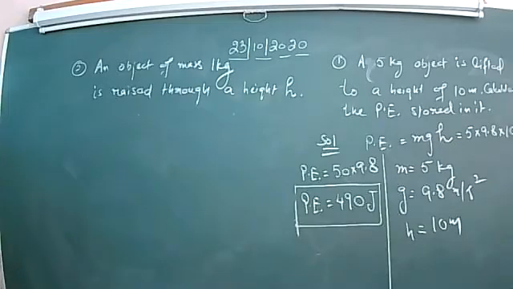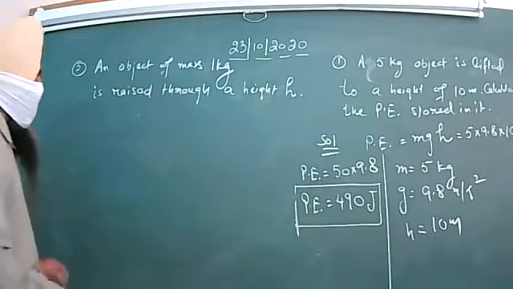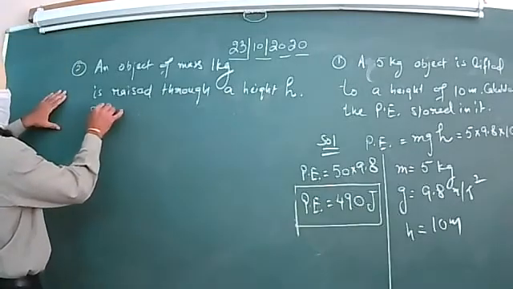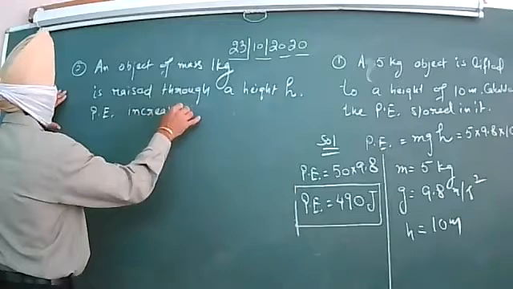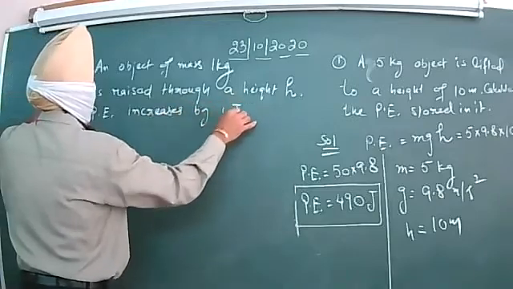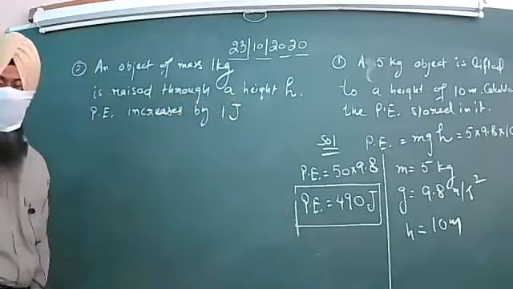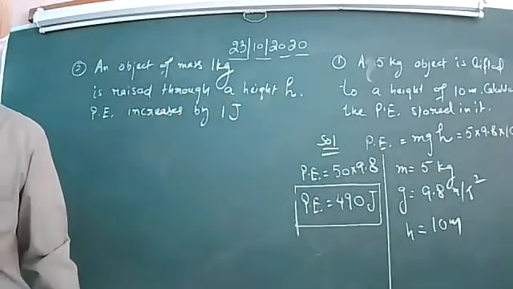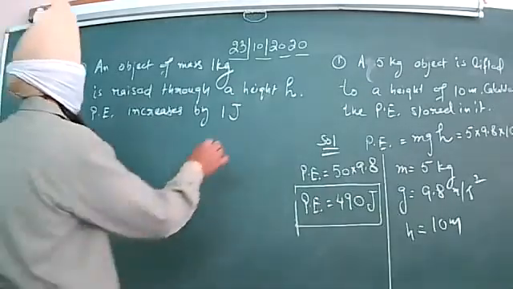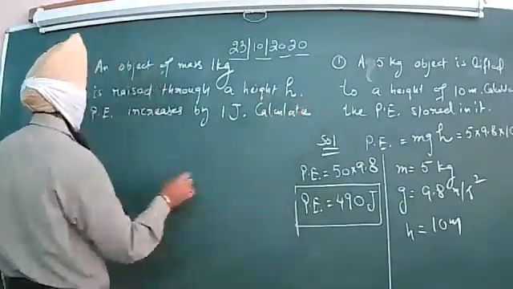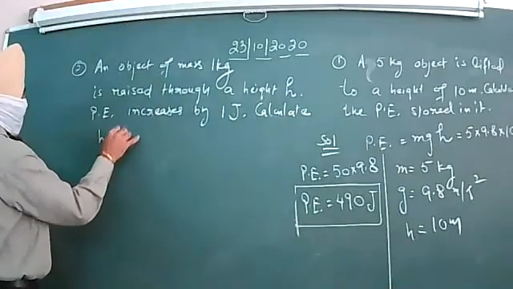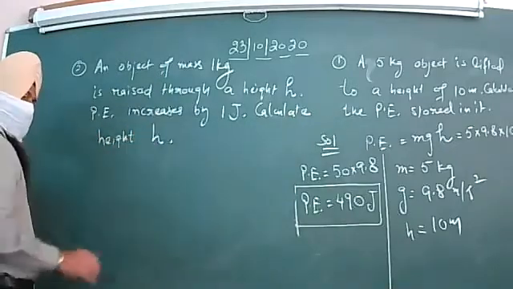The potential energy increases by 1 joule. Then what we are supposed to do, beta, is calculate the height h.